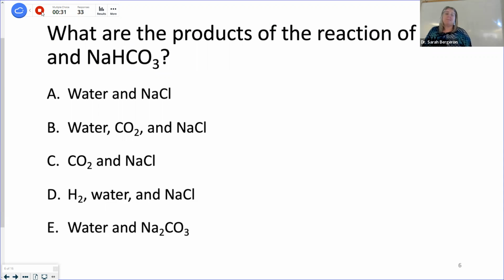Okay. So when you were doing this, what do you notice? I can make NaCl, and what else can I make? I need water, so that's H2, and then I need 1 oxygen. What's really left?